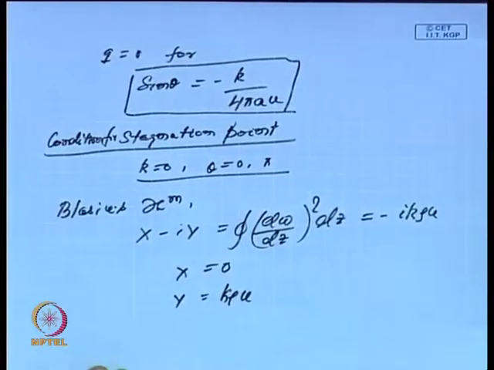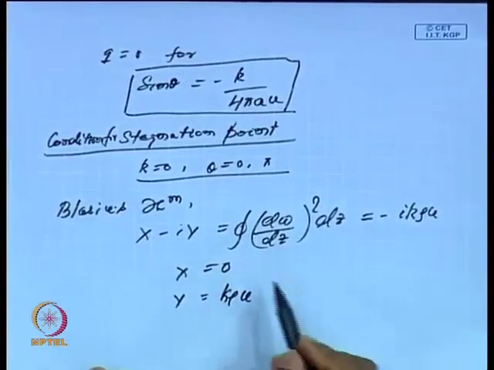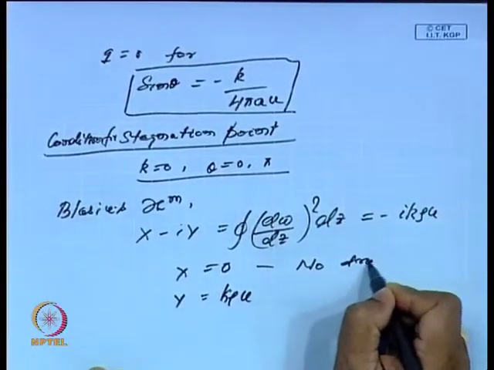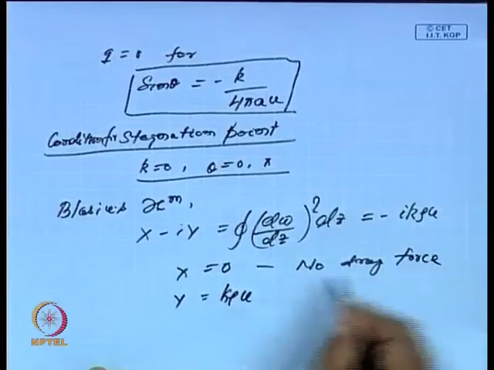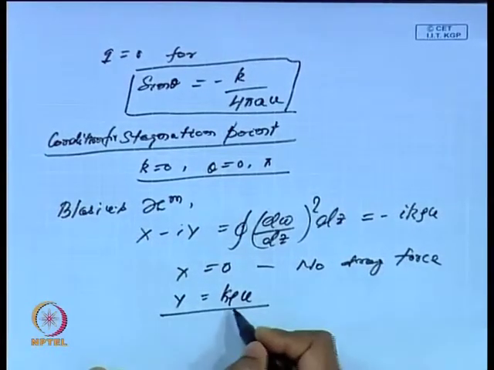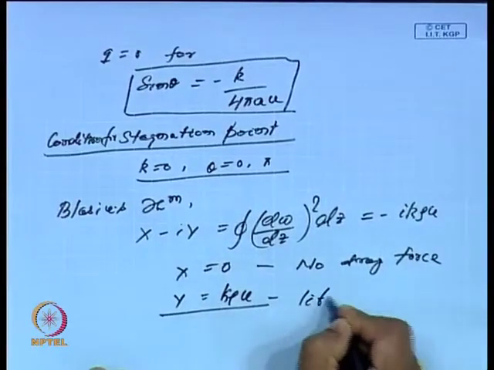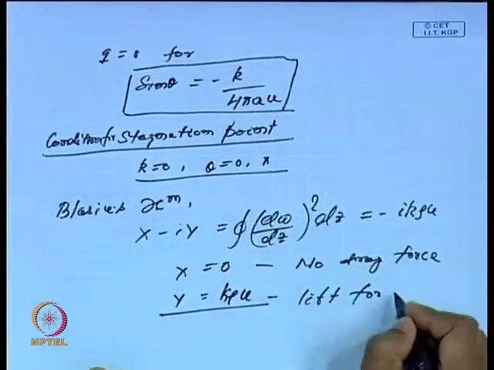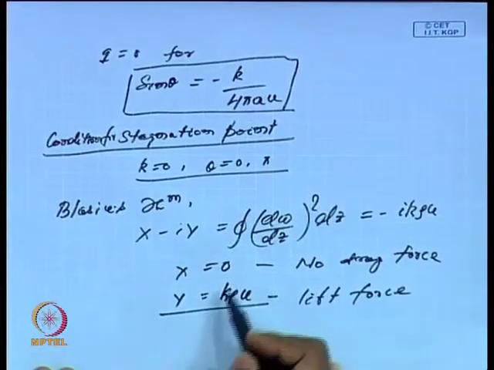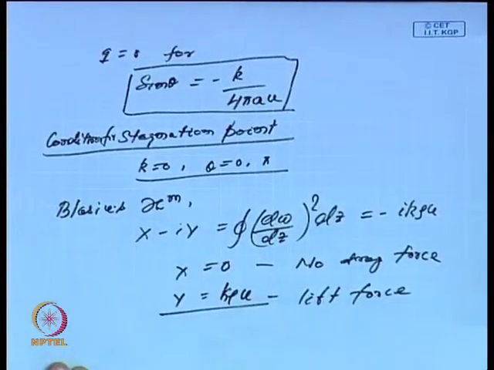So, in the presence of circulation there is no drag force, but there is a lift force, and this is k rho u. The cylinder experiences a lift force of magnitude k rho u, whereas there is no drag force experienced by the cylinder in the presence of circulation.